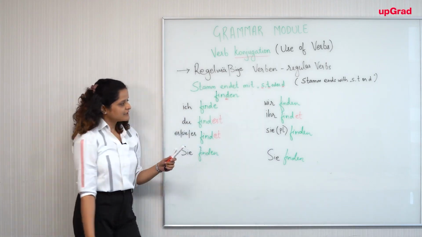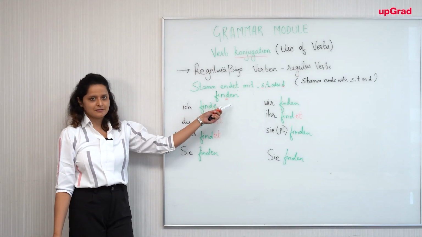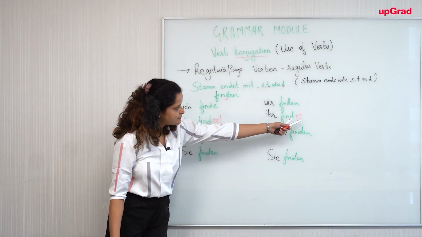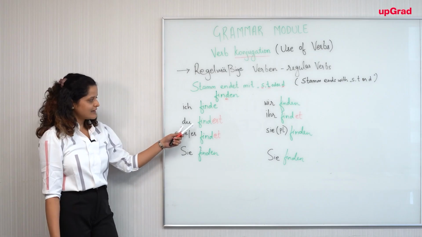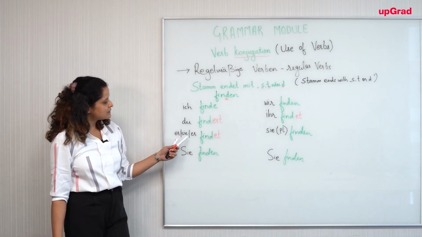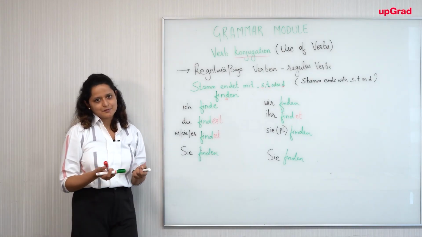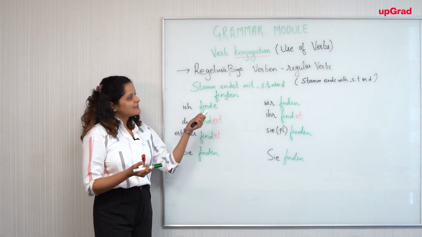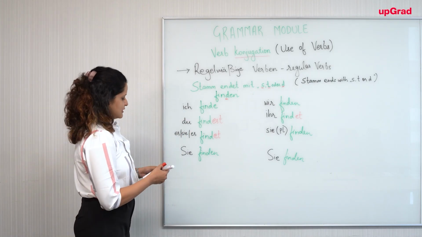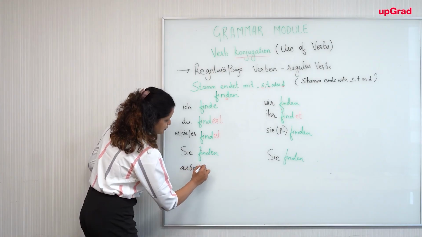So when you conjugate the word finden, which means to find something, the stem here ends in D. So you add EST and ET to the du conjugation. You add ET to the er/sie/es and the ihr conjugation. I'll give you all some verbs which you can practice, which fall under the category of T and D. The verb that you can take here is arbeiten, which means to work.